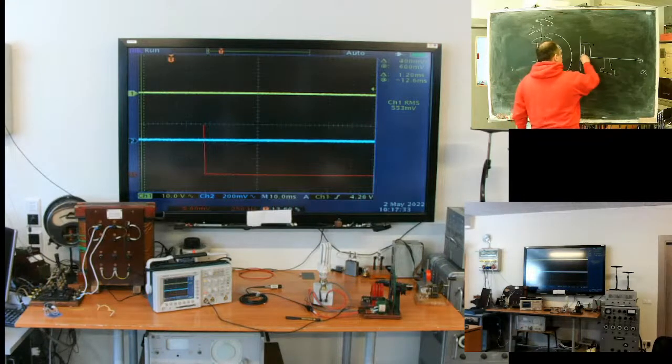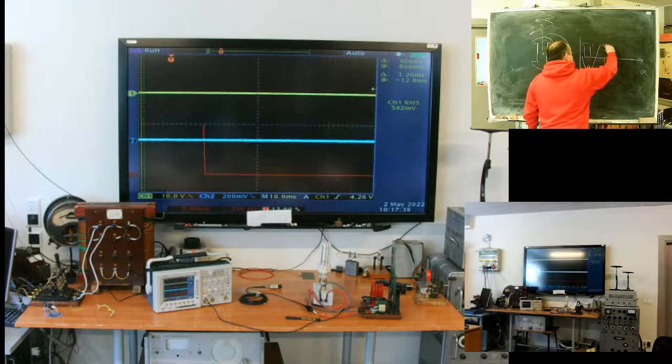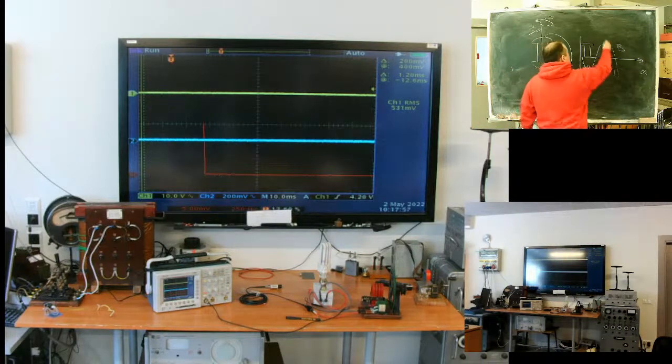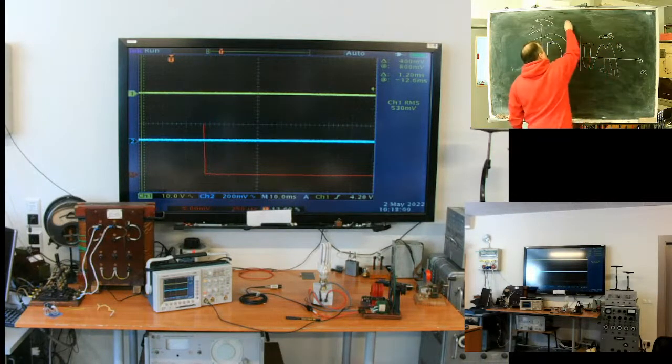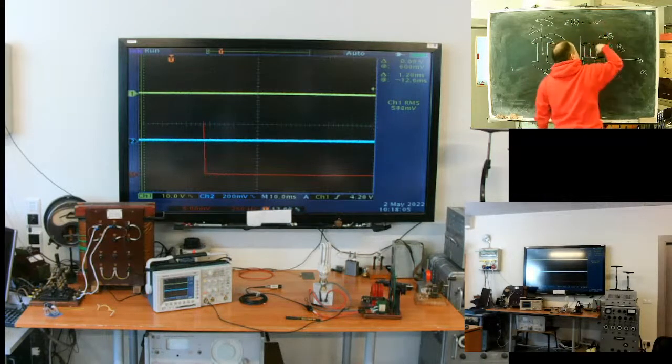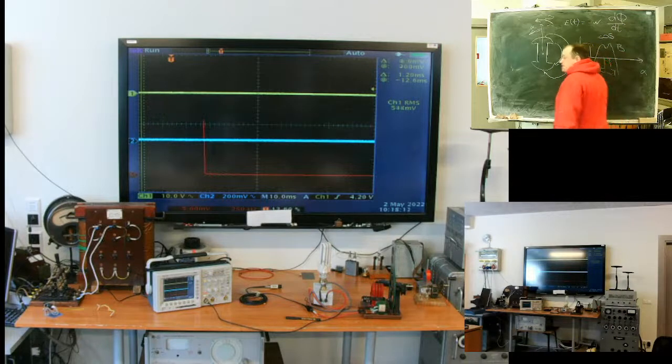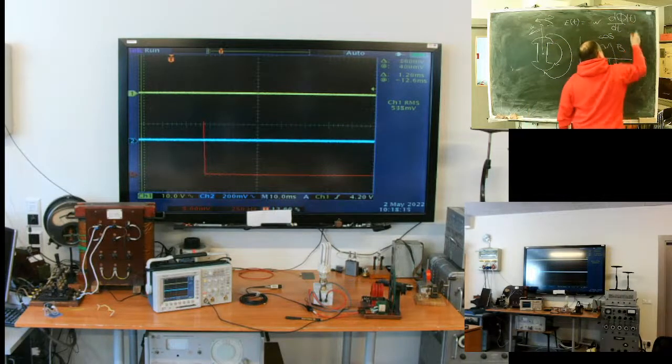Pole N. The chart of induction will be something like this. To get a sine voltage, we need this line to be cosine, because induced voltage is minus the number of turns and flux derivative.